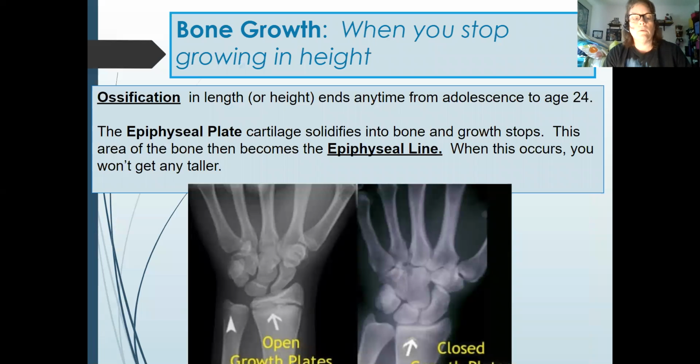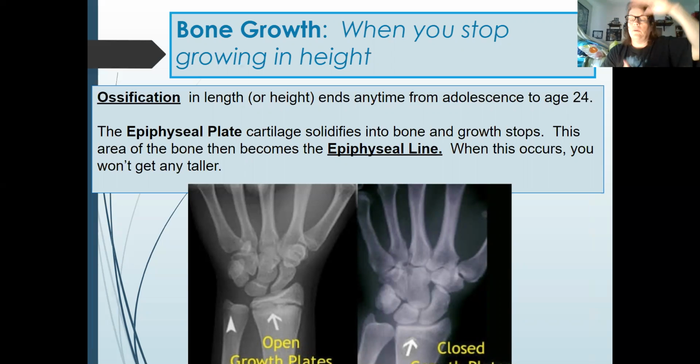Okay, so when do you stop growing in height? What happens when you stop growing in height? Ossification in length or height ends anytime from adolescence to about age 24. Epiphyseal plate, again, that's where it used to grow from, but at this point, when you do stop growing in height, the cartilage there is going to solidify into bone, and growth stops, at least in height.